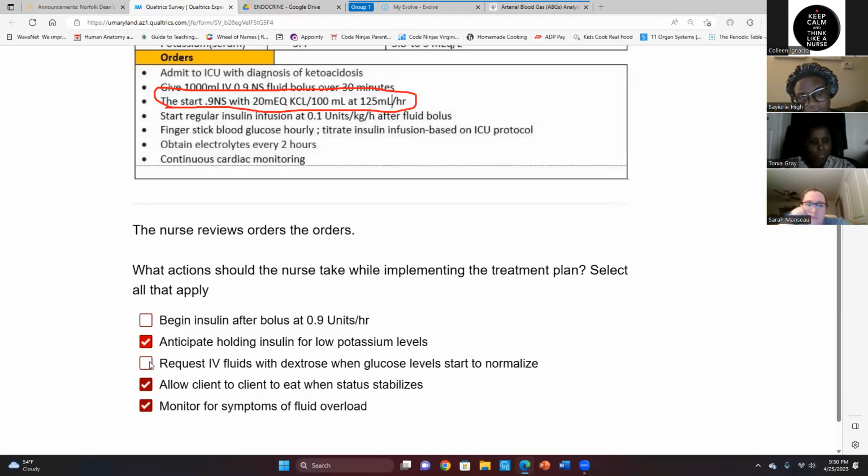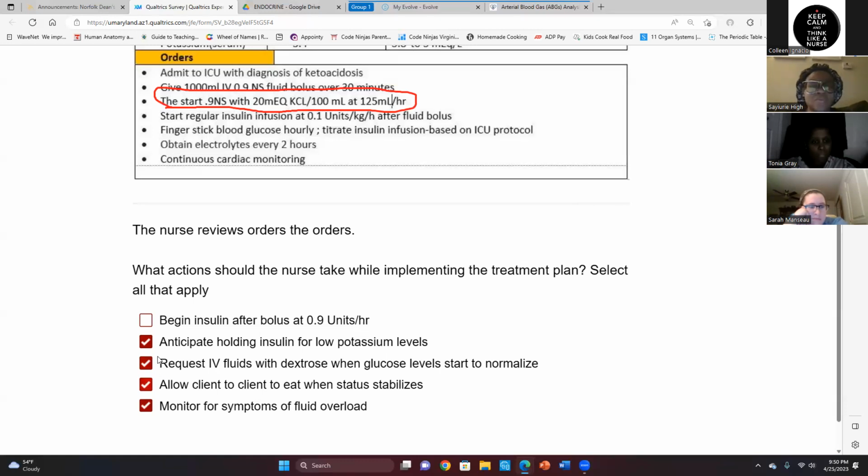So if the patient is now hypoglycemic, we're going to have to give them fluids with the dextrose to bring their blood sugar back up. That's why this is an ICU scenario, because this patient's blood sugar can go from 600 to 50, right? They're not stable. So that's another reason why we have to check their blood sugar every hour. Okay, so that was a tricky one.